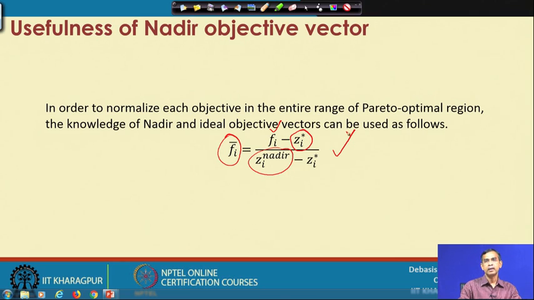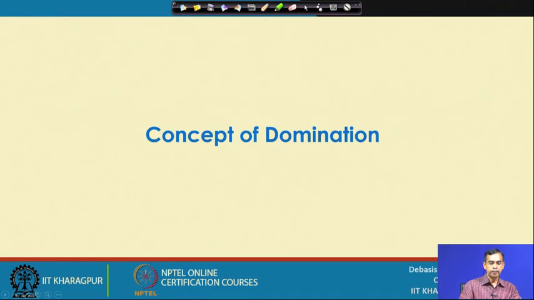So this is where the ideal objective solution and the Nadir solution are used, basically to scale the objective vectors. We have discussed the different solutions with respect to two objective functions, but that idea can be extended to multiple objective vectors as well.